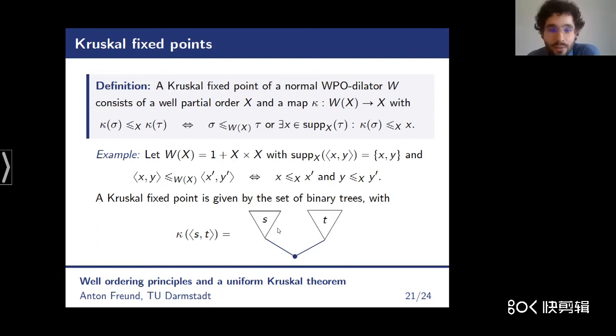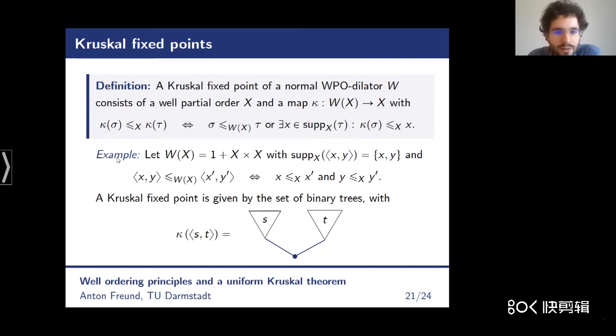And as that already suggests, a Kruskal fixed point of this transformation is precisely the set of binary trees. And this map kappa that we need from pairs of binary trees into binary trees is precisely what I just said. So you have a pair of binary trees and you can combine them into a new tree by adding a root node. And now let's maybe briefly reflect whether we can make sense of this equivalence here.